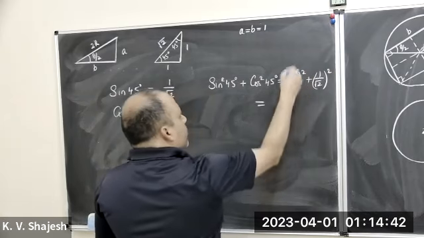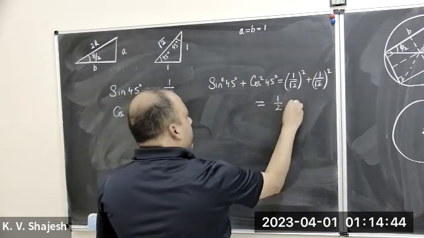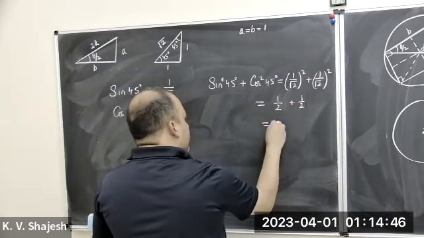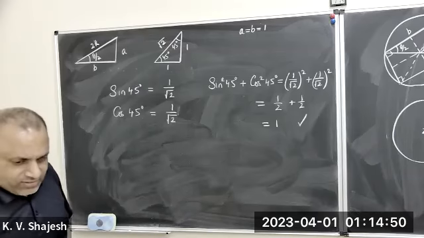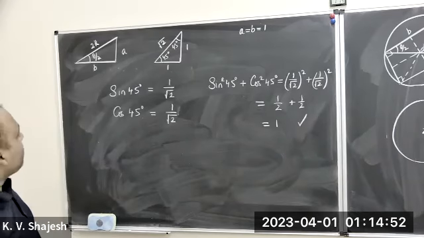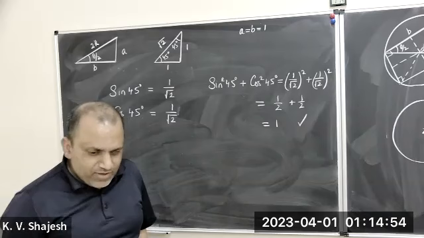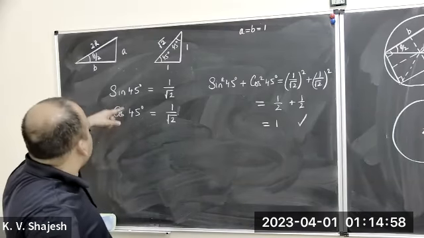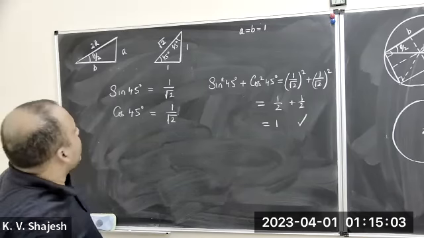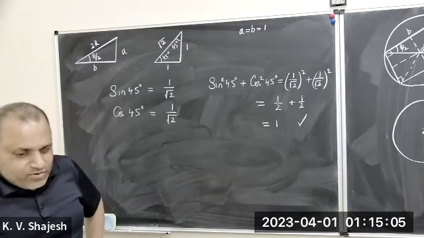That is 1 over 2 plus 1 over 2. Indeed, that's equal to 1. So the identity works. The first angle we have figured out for sine and cosine is 45 degrees.